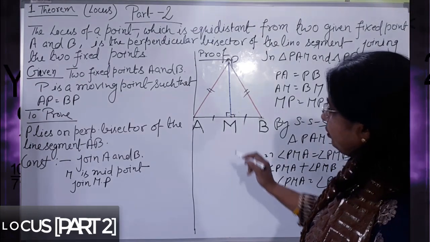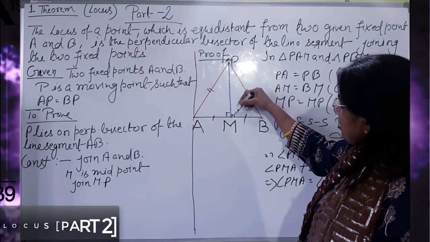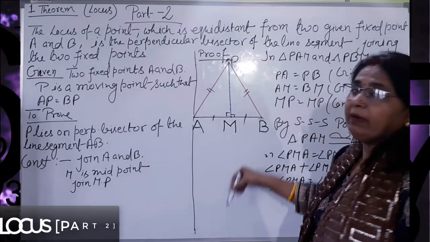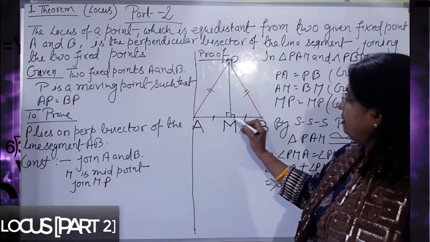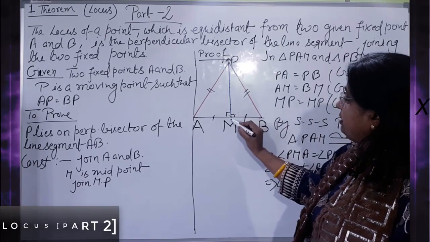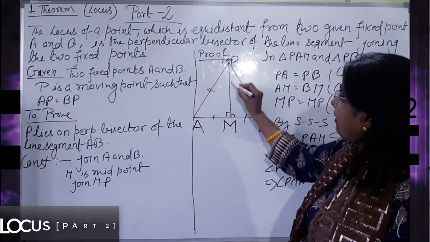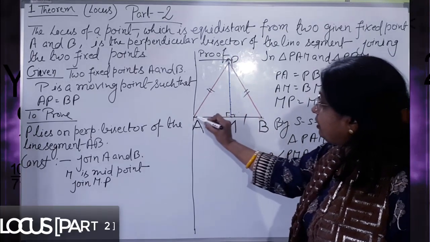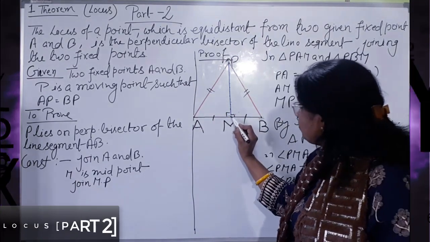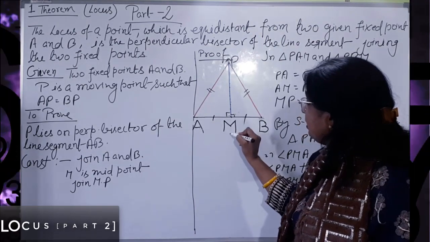Now your theorem is proved. If it is 90 degrees, that means PM is the perpendicular bisector, a bisector according to the given. According to the given, on this path each and every point is equidistant from A and B. It is given. That means this point also lies on this line.